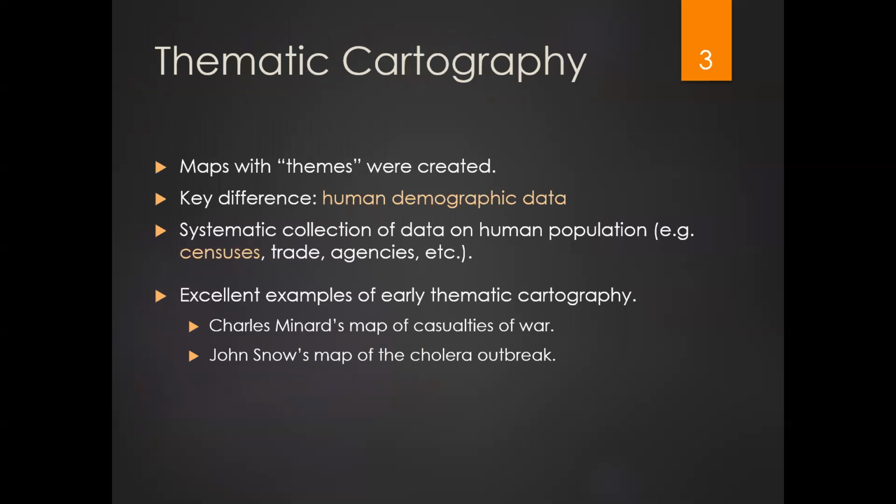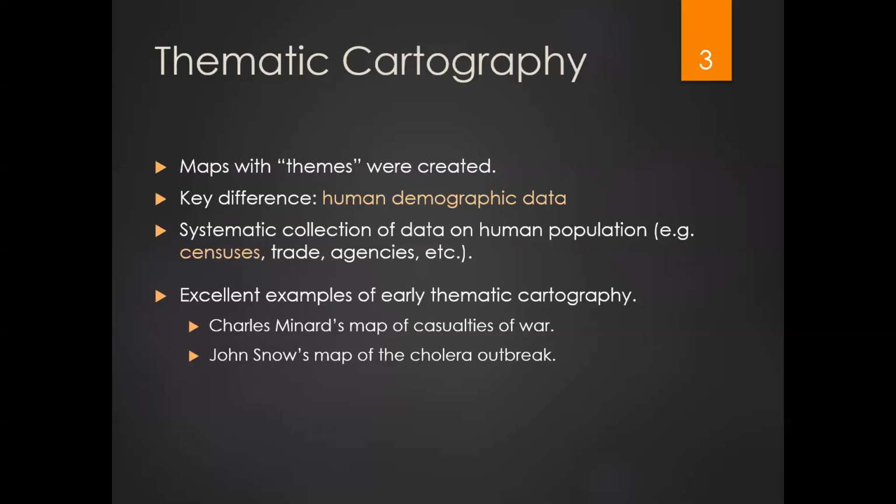So thematic cartography, thematic maps, they are maps with themes. This theme could be for socioeconomic status or any other topic you like, as long as you can visualize it using a map. So in order to produce thematic maps, cartographers need to collect human demographic data.